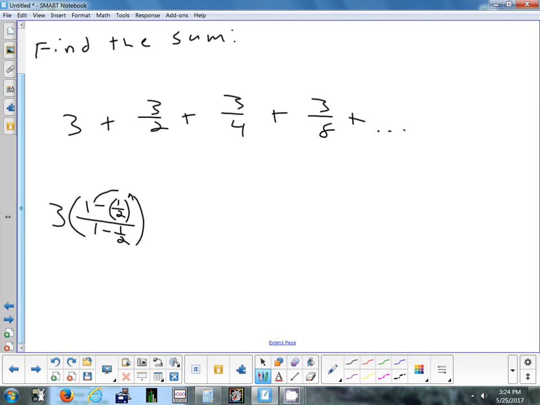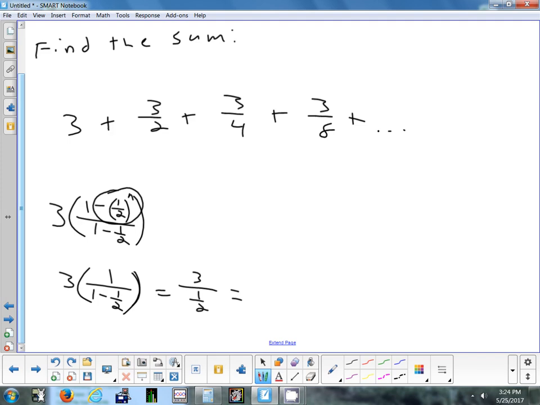Now, if you wanted to do it to infinity, basically you can ignore this part. It disappears, because if you take a fraction and raise it to a huge power, it gets very, very small. So if you want to do it to infinity, this is all you have. Okay, and if we do that out, what's 3 times 1? 3. And what's 1 minus 1/2? 1/2.